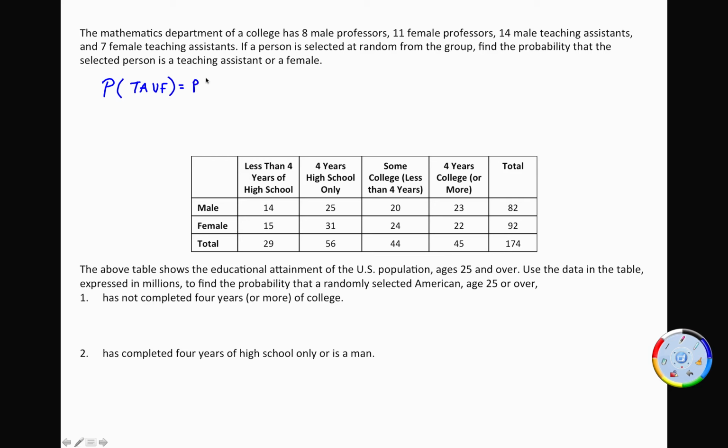Well, that's the probability that the person is a teaching assistant plus the probability that the person is female minus the probability that the person is a TA and female.